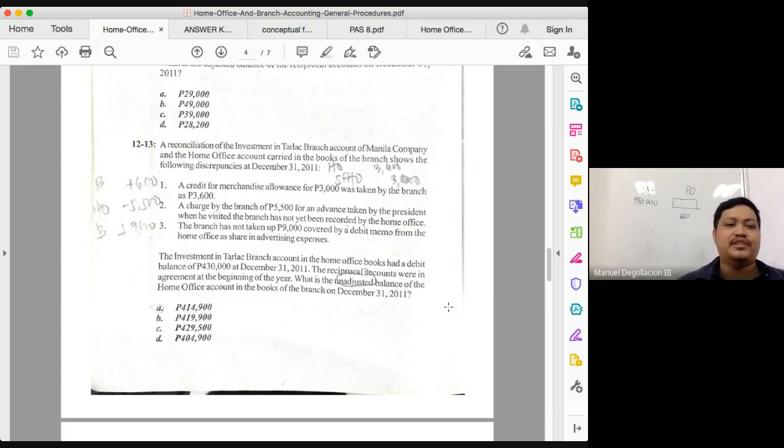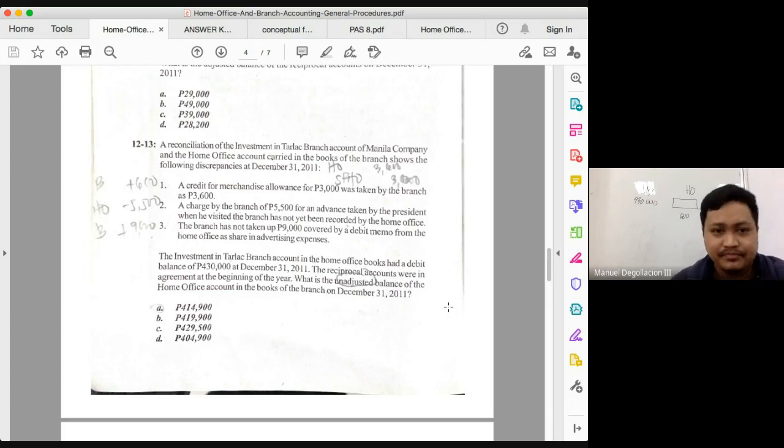And I think I even changed the 3,600. And I may also have changed the reciprocal account that was given. I'm not sure if it was the investment in branch or I changed it to the home office so that you will have to solve for the investment in branch balance. Okay, but expect those things to be the issue in the problems given in the examination.